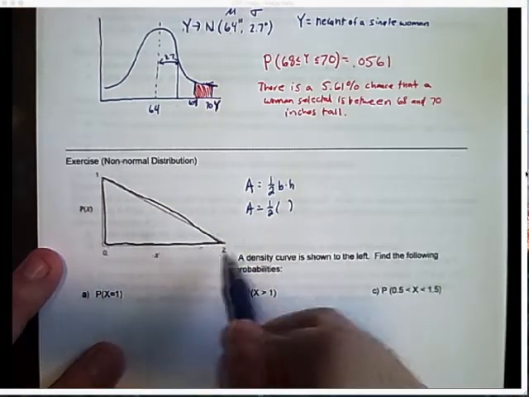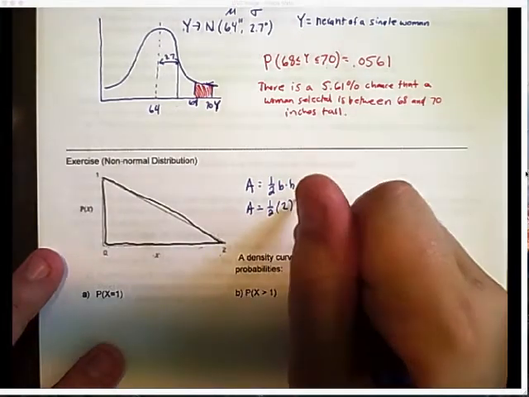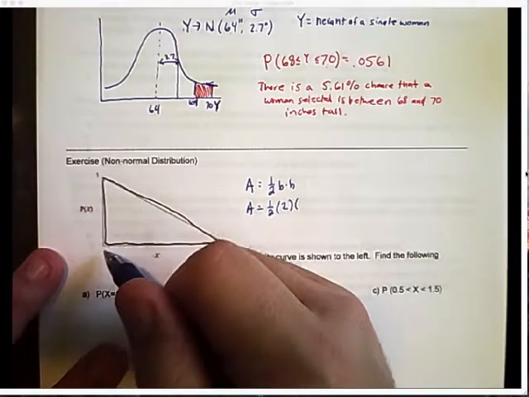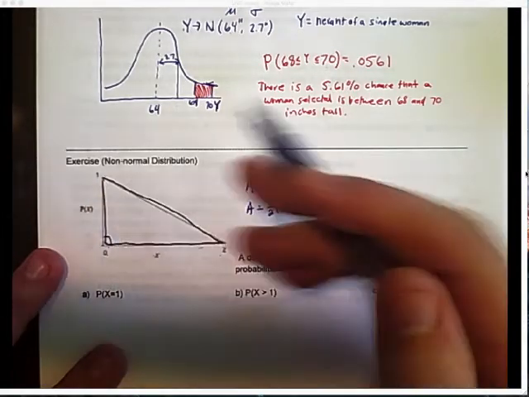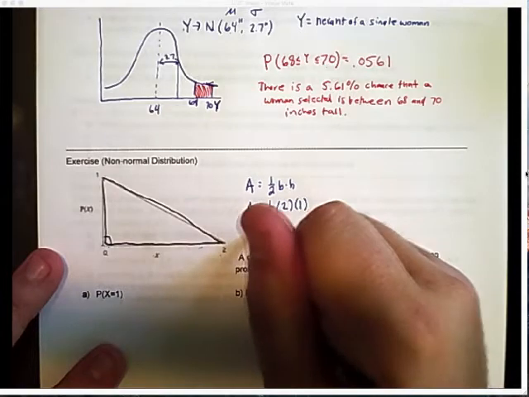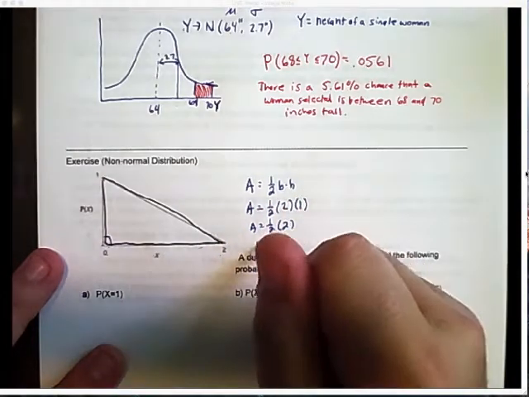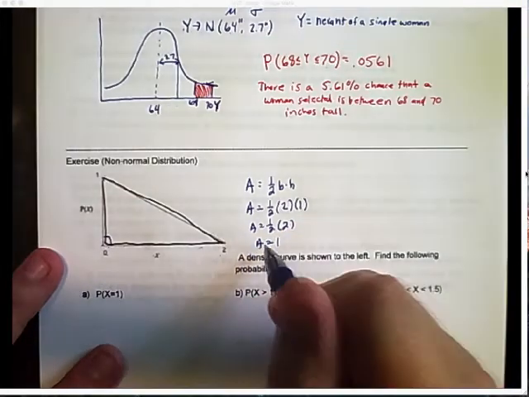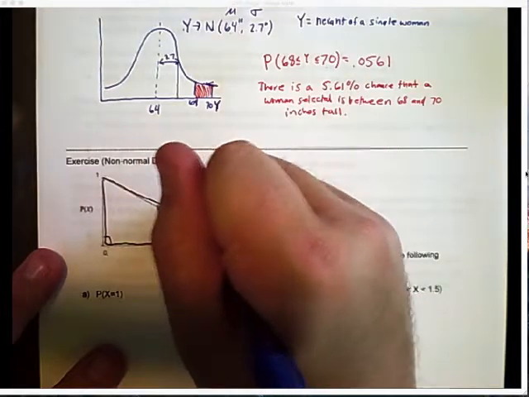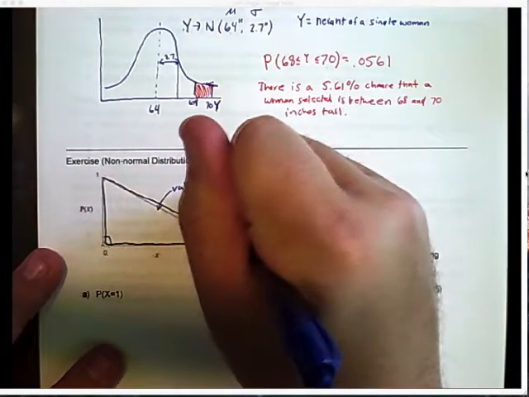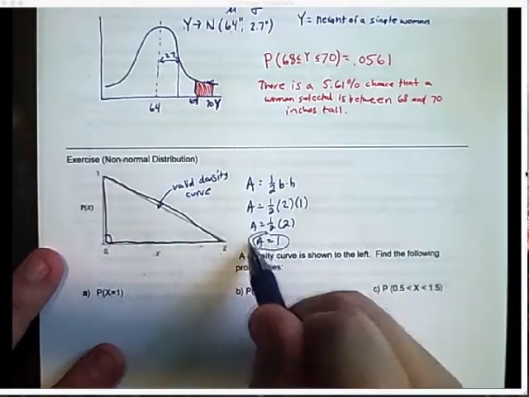How long is the base? Well, it starts at 0 and it ends at 2, so it's 2 units long. How tall is it? I'm assuming that's a right angle, so it's 1 unit tall, so its height is 1. Well, 2 times 1 is 2, and half of 2 is 1. So does the area equal 1? Yes. This is a valid density curve, because the area equals 1.